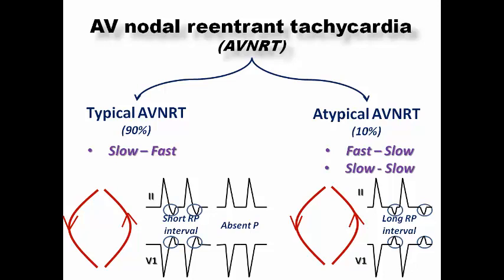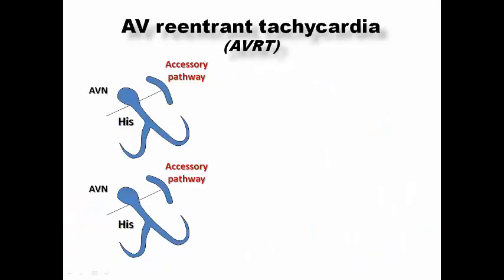Because the retrograde conduction to the atrium occurs through a slow pathway, there is a long RP interval, as there is delayed activation of the atrium in a retrograde fashion, as we can see here. We call this atypical AVNRT because it is less common and it is the reverse of the typical form, which is slow-fast AVNRT.